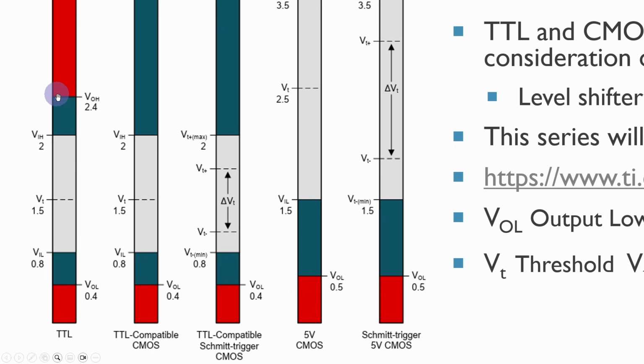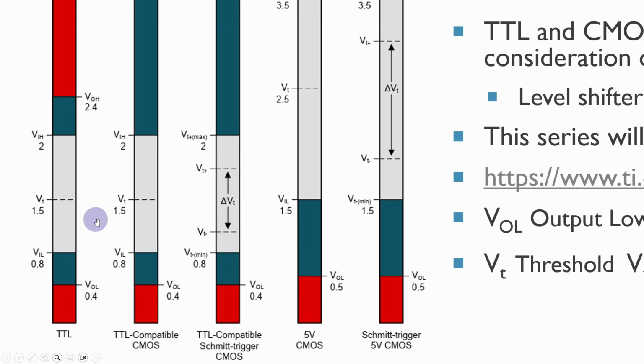Then the output high voltage should be a minimum of 2.4 volts, but for the input high voltage, as long as it's over 2 volts, we'll recognize it as being high. So as I showed on the slide a few slides ago, 5 volts-ish and 0 volts-ish, and that's the ish, almost 3 volts below the 5-volt power supply.